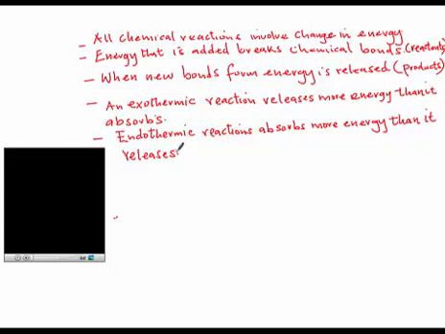But you should note that in both of these, they need energy. For these reactions to take place, energy must be supplied. And that is what we call activation energy.